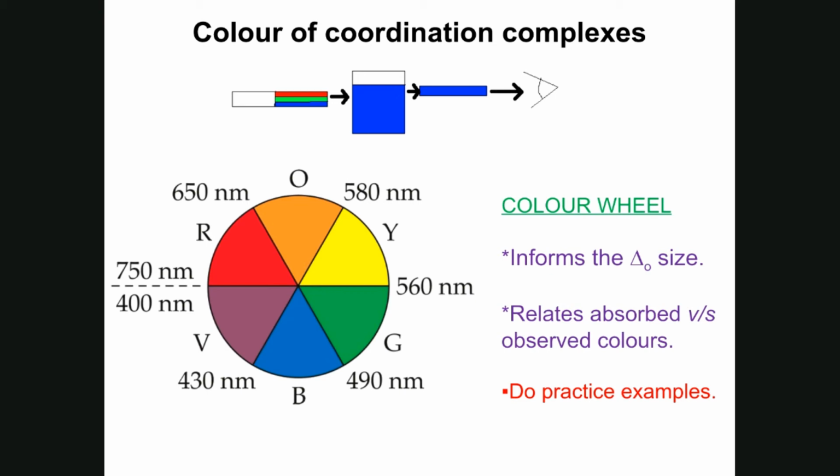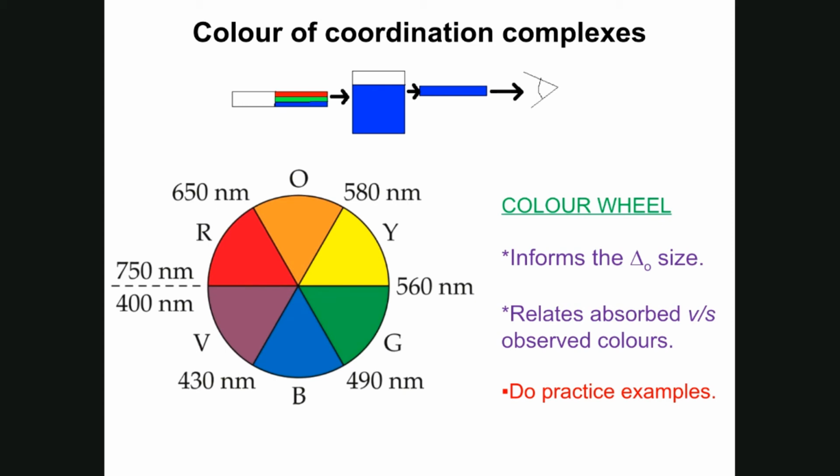By looking at the color of the object, you'll know what color has been absorbed. And if that color is more energetic on your electromagnetic spectrum, its frequency will tell you whether you've got a large splitting of the d orbitals or a small splitting. This is very important as well.